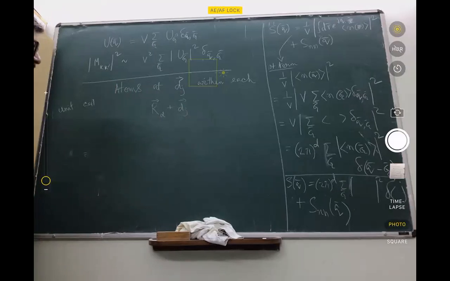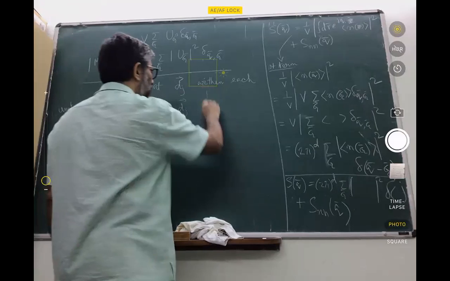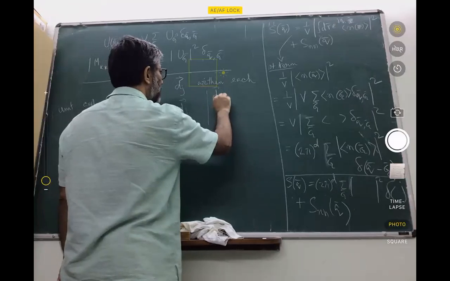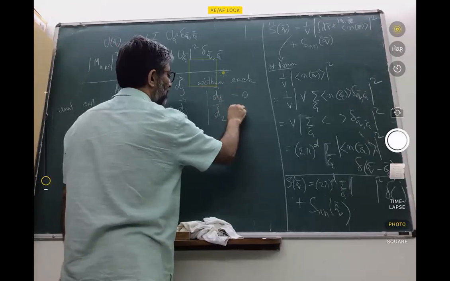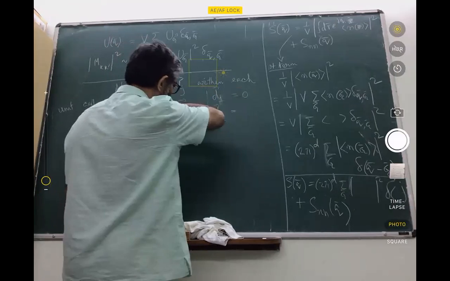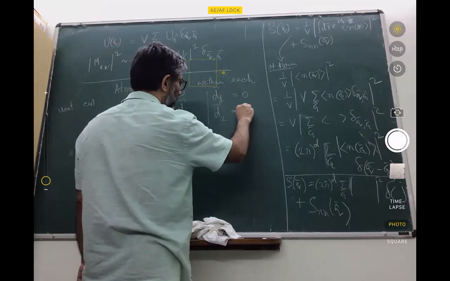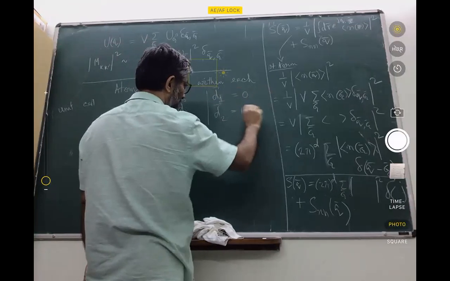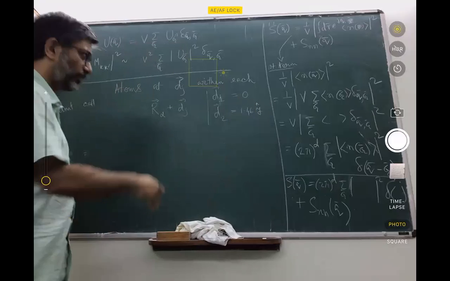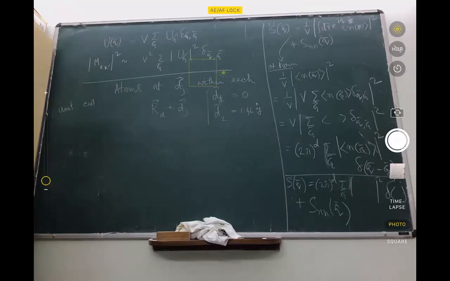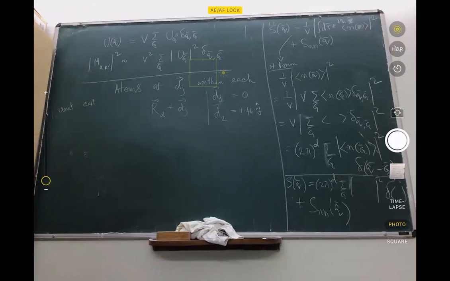In the crystal that I just showed you, there are two atoms in the basis. So one of those could be, let's say, d_1 is 0 and d_2 is whatever that is. In the picture that I showed you, d_2 would be something like 1.46 for the graphene lattice along one direction. This is just one example, but you get the idea. So these are the actual physical locations of your atoms within the crystal.